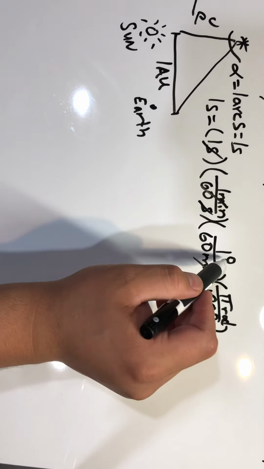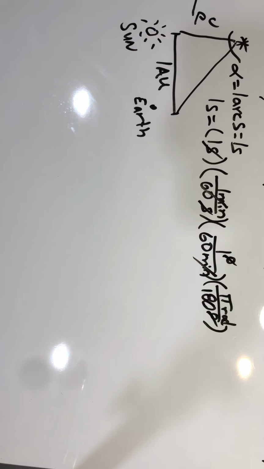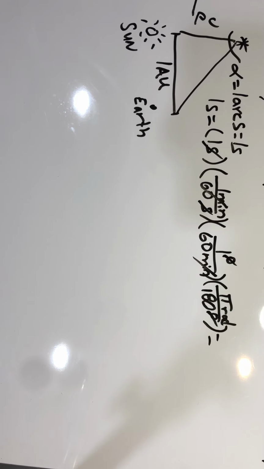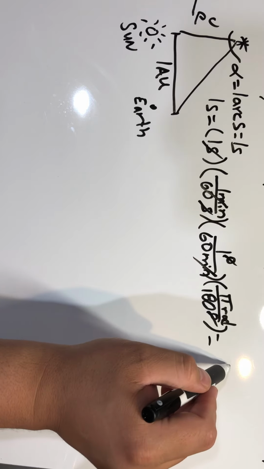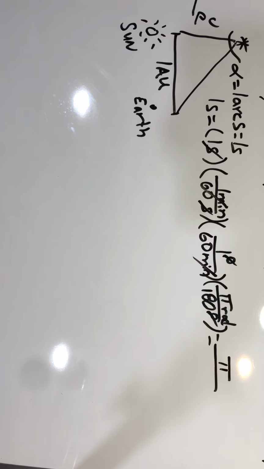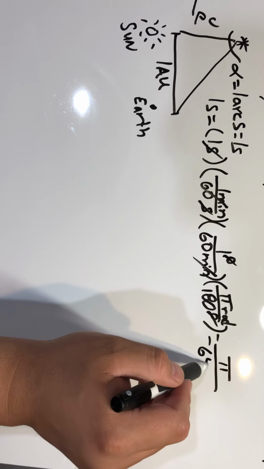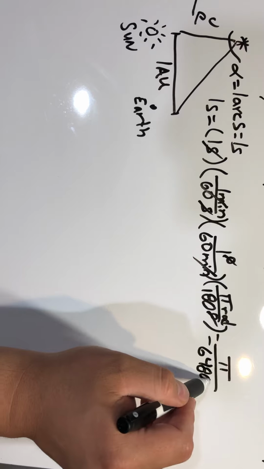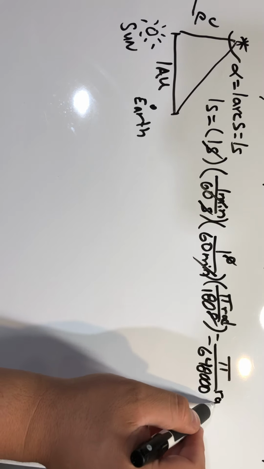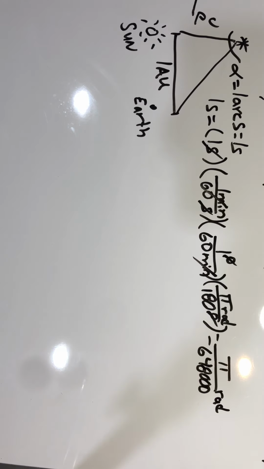And now you can see that that degree right there cancels out that degree, and you only end up with radians. And there's a number. Let me see, what's the number? It's going to be pi on top, and on the bottom is going to be 648,000 radians. Okay, so we can write down radians. Radians is a unit that doesn't have a unit. It's kind of weird, but that's what it is, because it's a ratio.